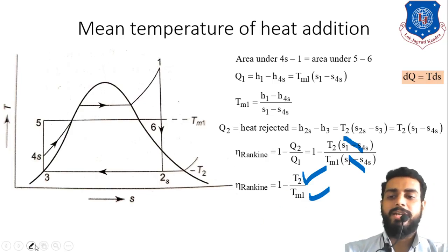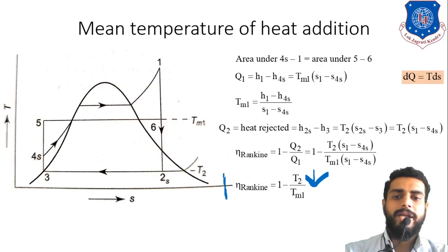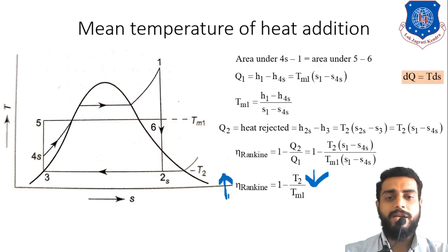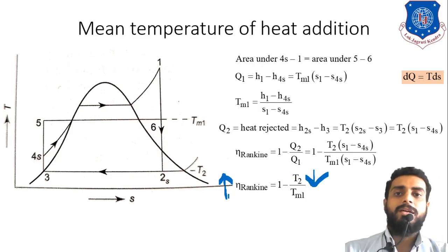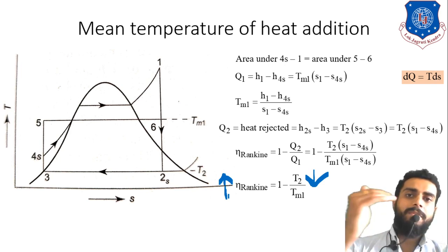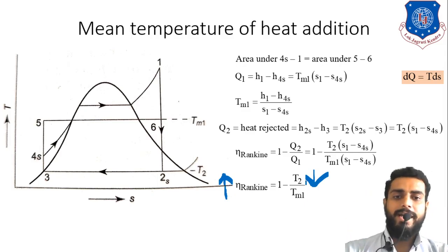If you are reducing the temperature T2, the heat rejection temperature, then your efficiency will increase. Clear? Now the minimum practical T2, the heat rejection temperature, is the ambient temperature. So the minimum temperature that you can achieve for heat rejection practically is the ambient temperature.